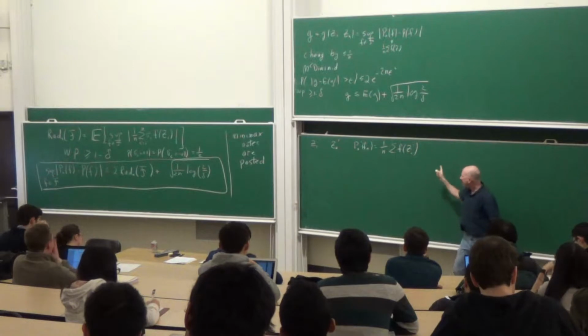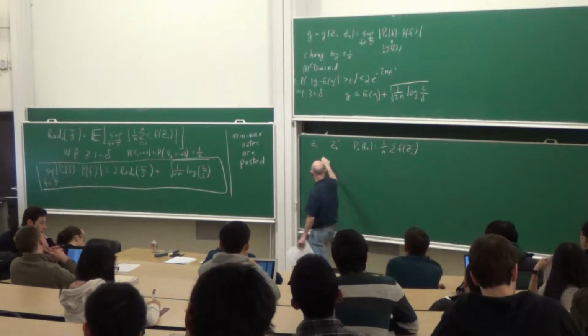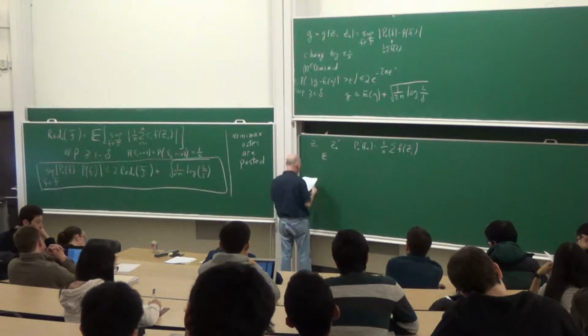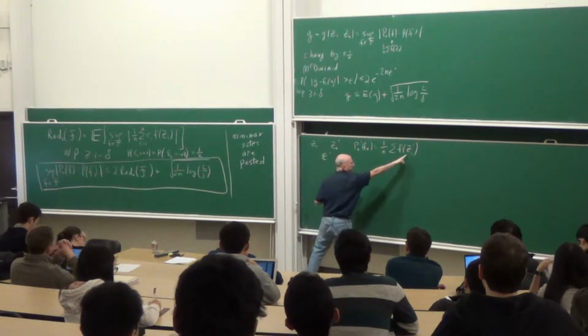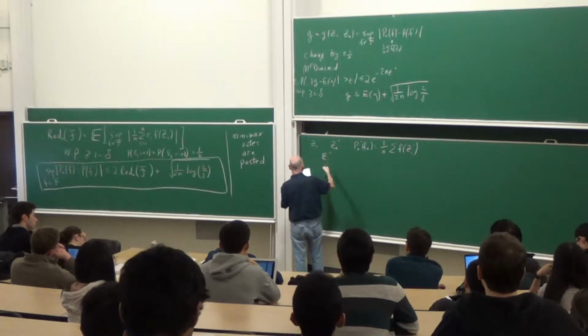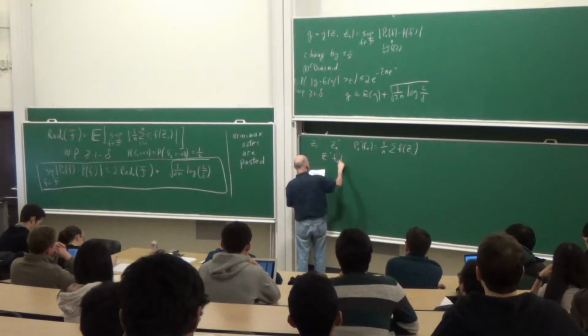Of course, the average of this is still the original average, right? So we know that the expected value with respect to the randomness of the z prime, which is the same as z's, is still the original.